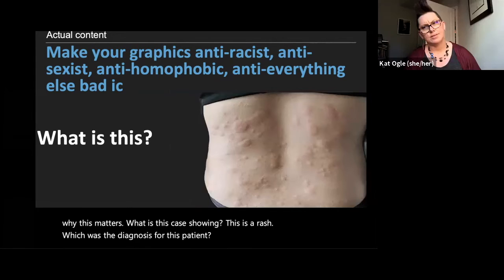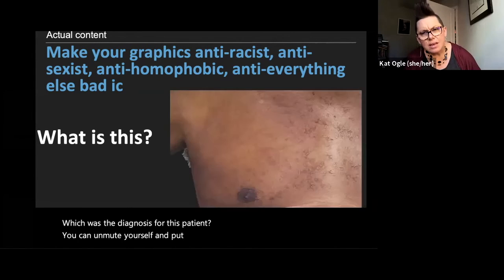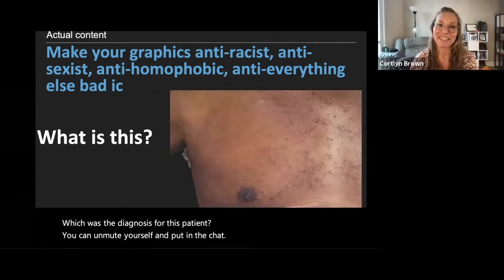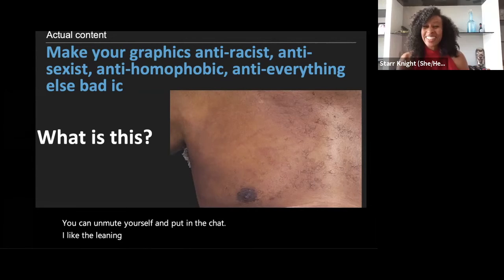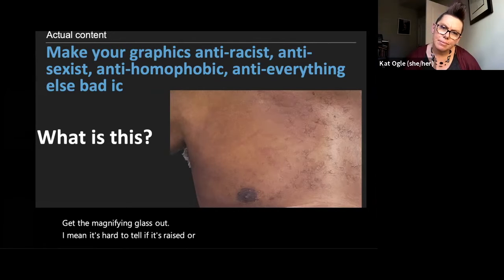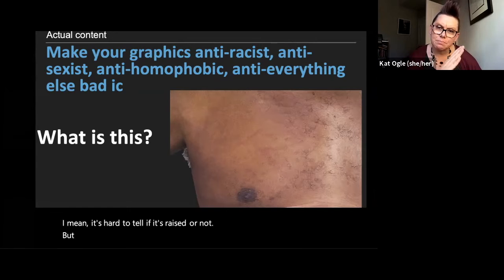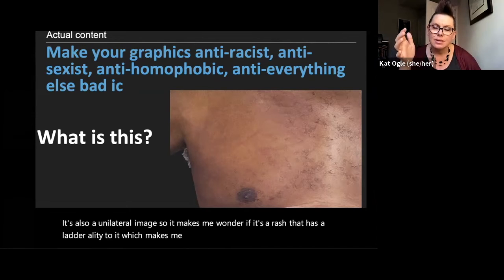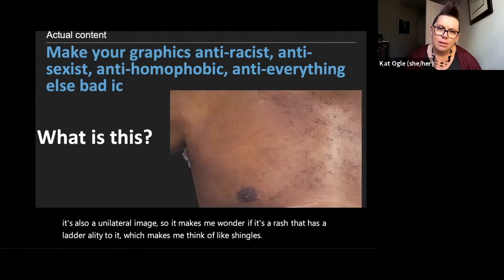You can unmute yourself or put it in the chat. I like the leaning in. Get the magnifying glass out. It's hard to tell if it's raised or not, but it's also a unilateral image, so it makes me wonder if it's a rash that has a laterality to it, which makes me think of shingles.